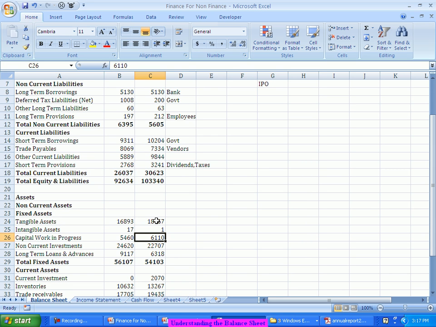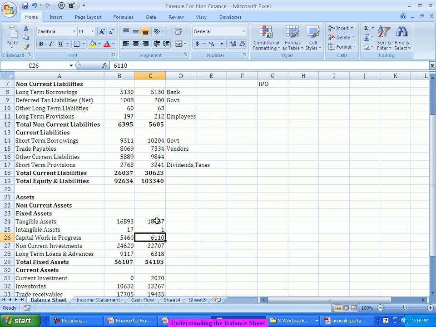Then capital work in progress, long term projects. Capital work in progress is long term projects which are in the pipeline, which are semi completed, right? They'll take a couple of more years. They will not be over within the next 1 year. Probably they'll take 1 or 2 more years.